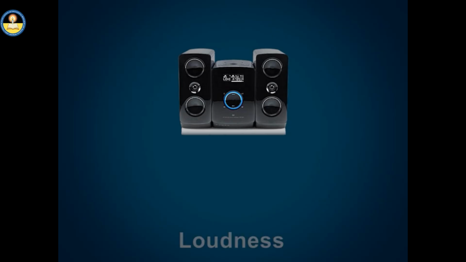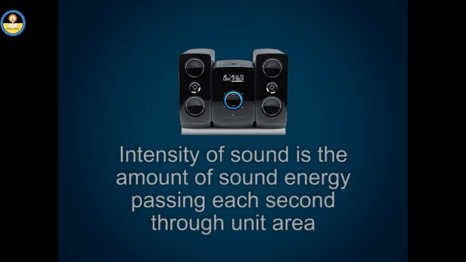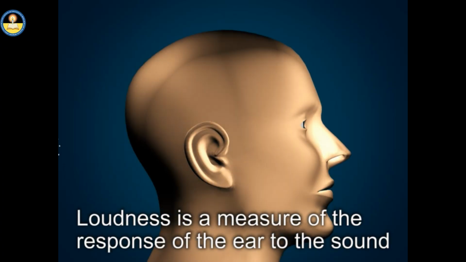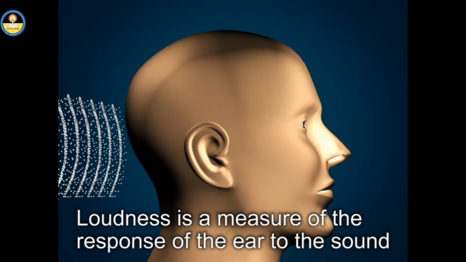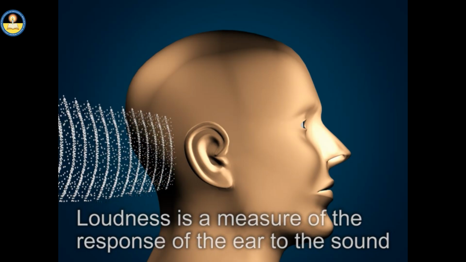Generally, we use the terms loudness and intensity interchangeably, but they are not the same. Intensity of sound is the amount of sound energy passing each second through unit area. In other words, it is the power per unit area, and loudness is a measure of the response of the ear to the sound.